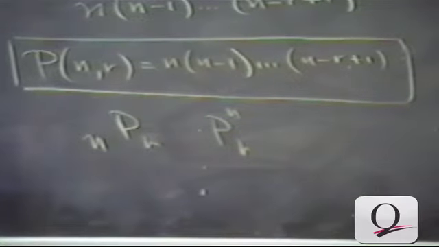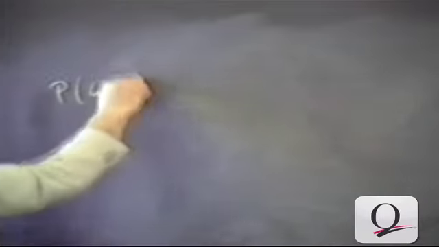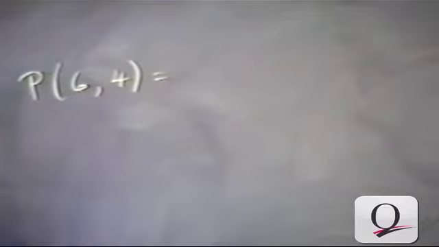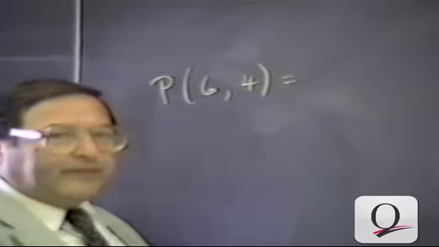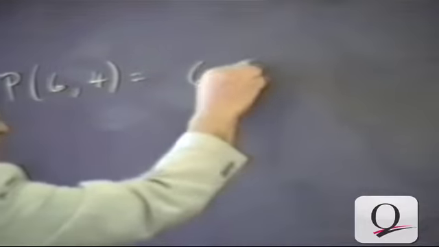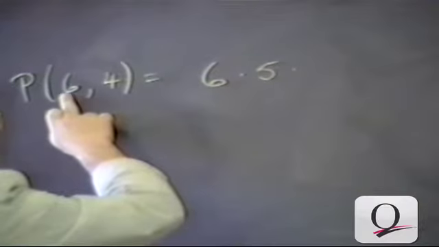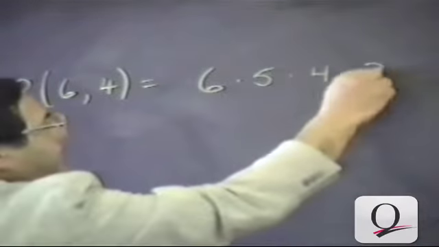So let's take a few numerical examples. What would P64 be? Try that. It would be 6 times 5. Where would you stop? Take 6 minus 4 is 2 plus 1 is 3.